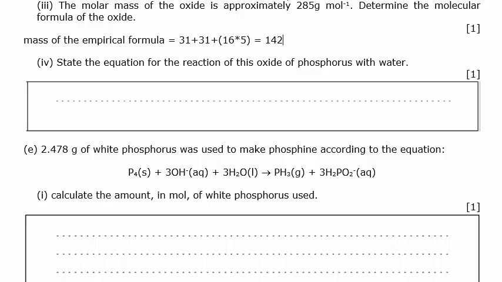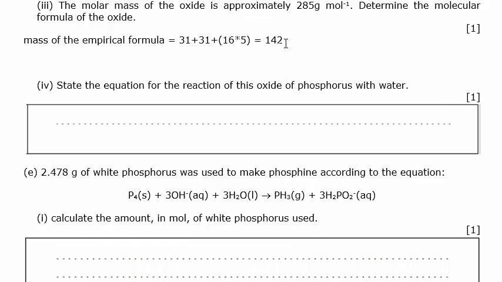We can see that the molecular mass is bigger than the empirical formula mass. So how many times bigger? Well, we divide 285 by 142, and it comes to near as damn it 2. So that means there are 2 empirical formulas.